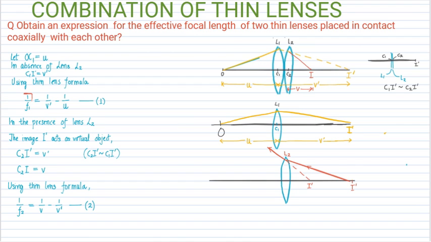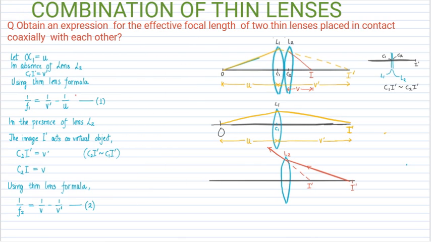On the left hand side I have 1 by f1, and 1 by f2. So the left hand side is 1 by f1 plus 1 by f2, equals to, now let's look at the right hand side part. On the right hand side I have 1 by v dash minus u, and in the other equation I have 1 by v minus v dash.